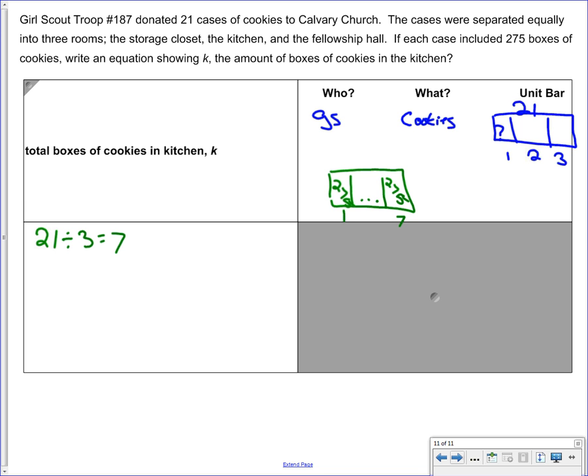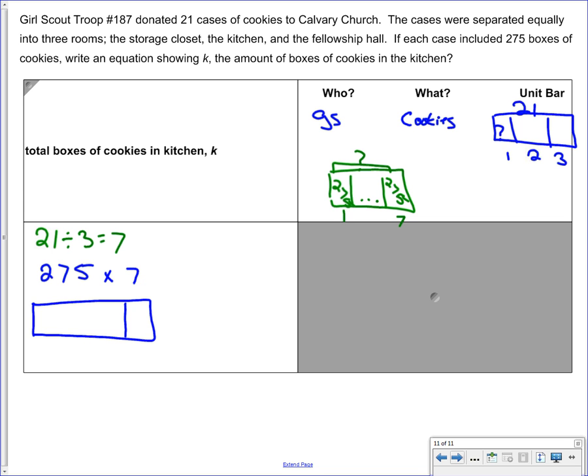Pro tip: when writing on the smartboard, it's not easy to write small. I want that total amount. So now I have to do 275 times 7. Okay, well, let's draw that picture. Here's my picture.